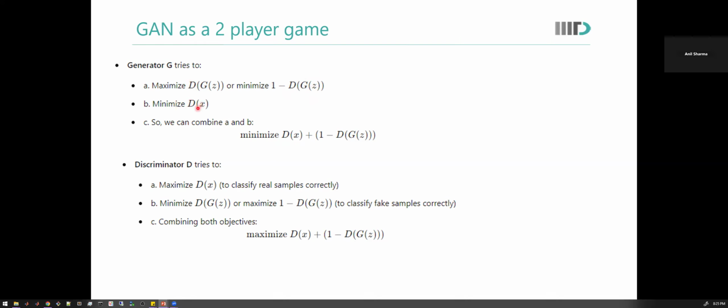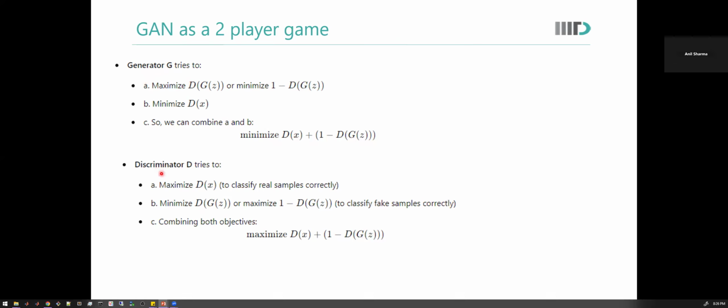Equivalently, we also want the discriminator to output a minimum on the original input, so the probability D of x should be minimum. That means minimizing 1 minus D of G of z or minimizing D of x. If we combine both of them, we are minimizing D of x plus 1 minus D of G of z. This is what the generator is doing.